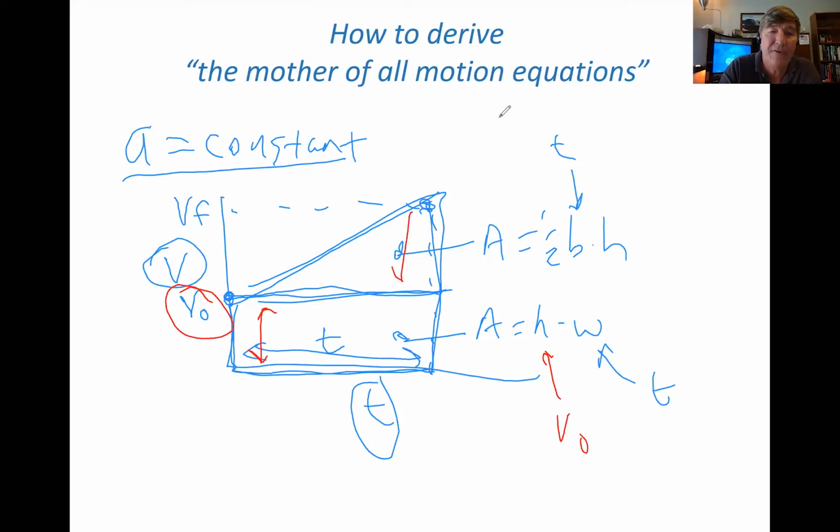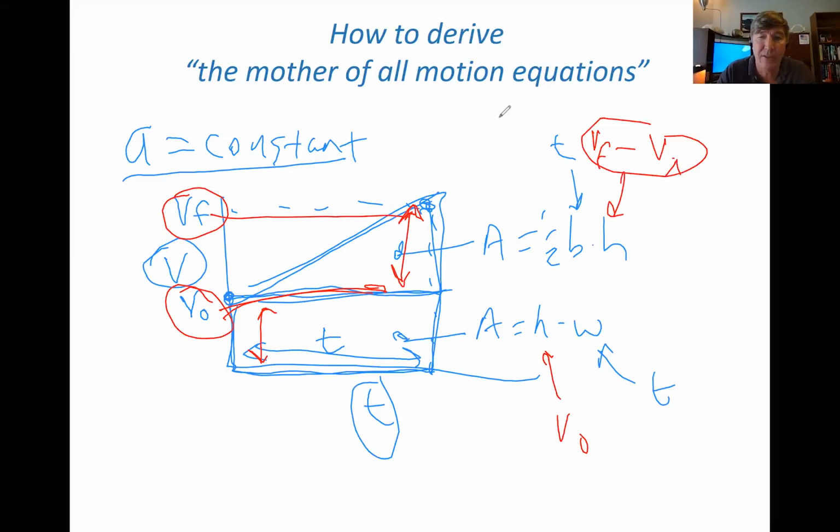Now some of you might say the height of our triangle is V final, but hopefully you realize that's not the case. The height of the triangle is V final minus V initial.